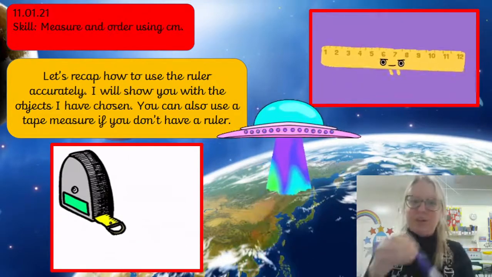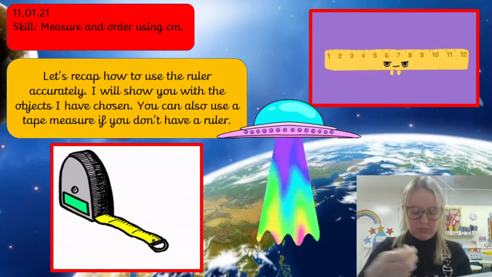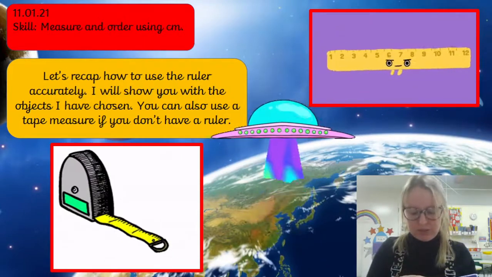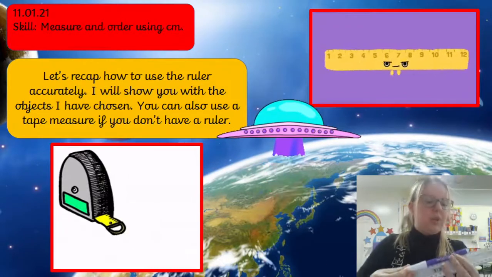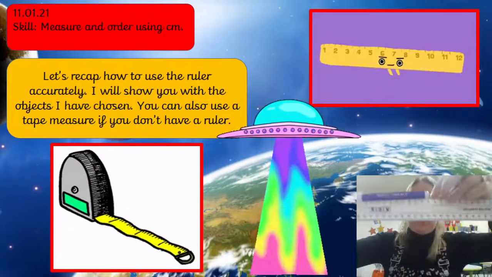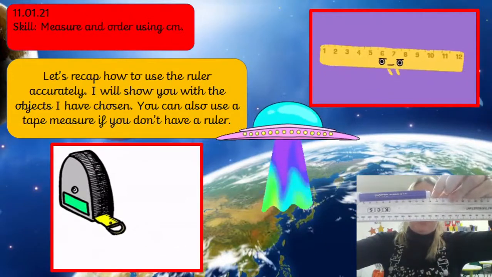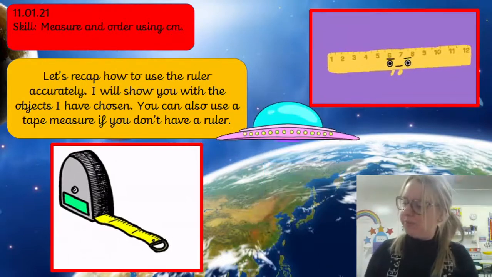Okay, now I'm going to measure my pen. So I'm going to put it in line with my 0, and then I look at the end of my object. Can you see it is at the number 15, which means it's 15 centimetres long.